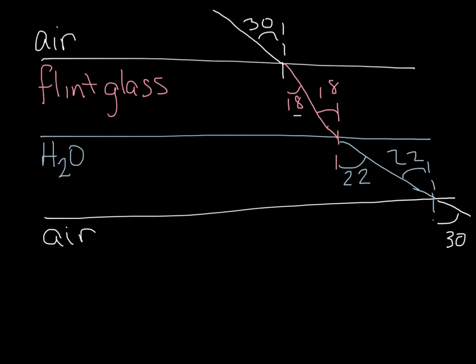Then that ray is incident at 22 degrees back into air, which exits the water at 30 degrees. You notice here is 30 degrees and here is 30 degrees. You should get that if nothing else is going on in the material.